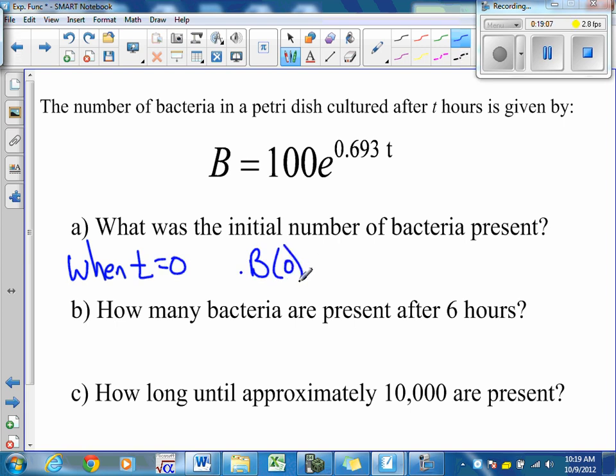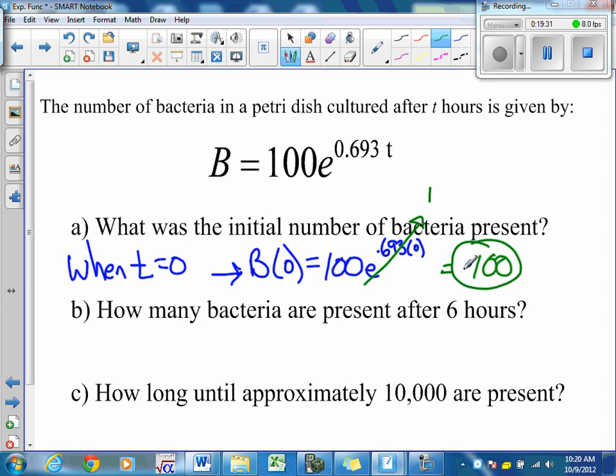So if we put 0 in, that's 100 e to the 0.693 times 0. But as we've said before, anything to the 0 power is 1, so we just get 100. So that's the number of bacteria that's initially present.